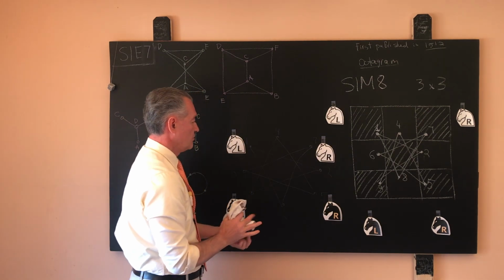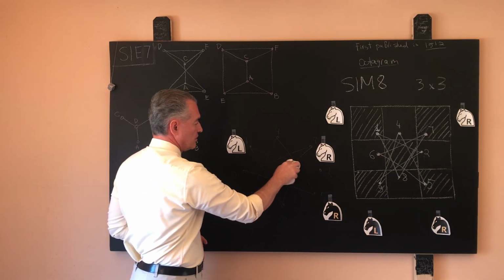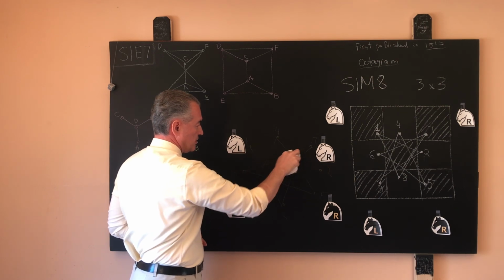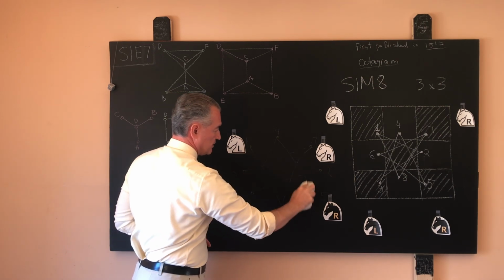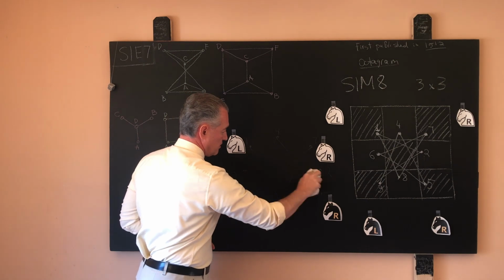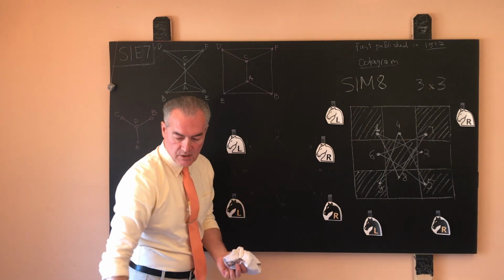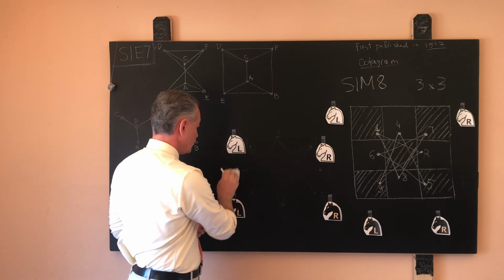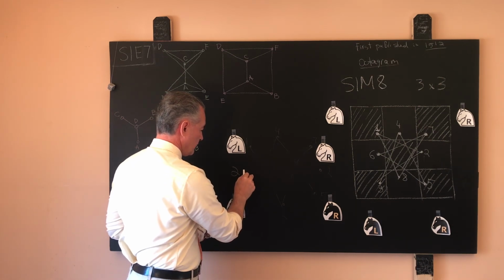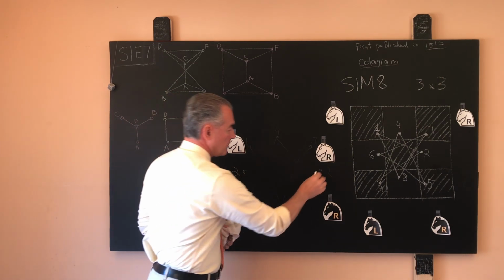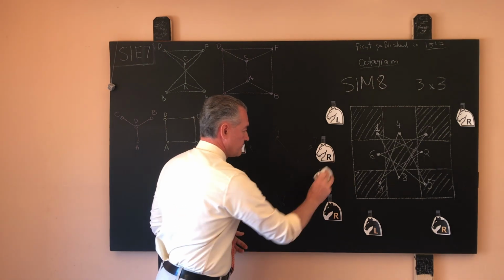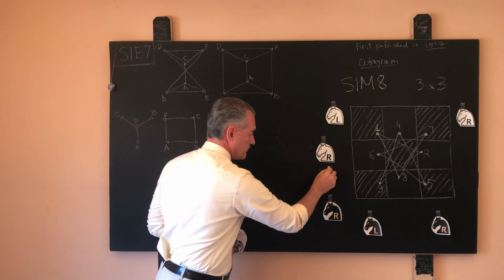In that case, we will have the following arrangement. If we erase these guys and these guys, then we will have the vertex number 2 over here, and we'll have the vertex number 6 over here.